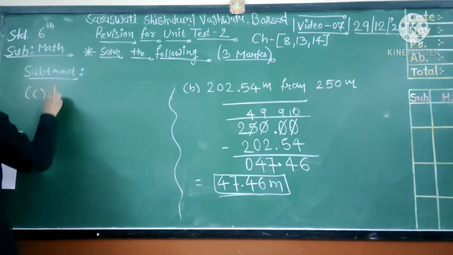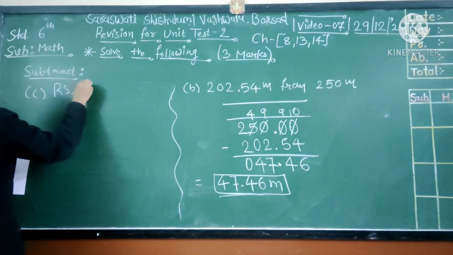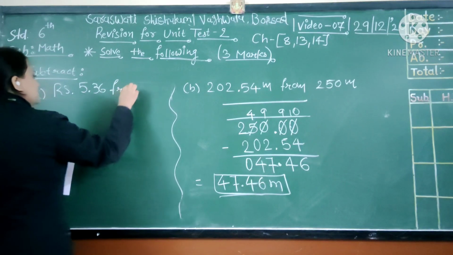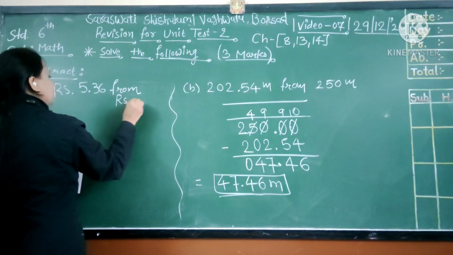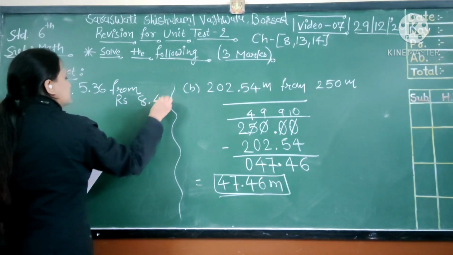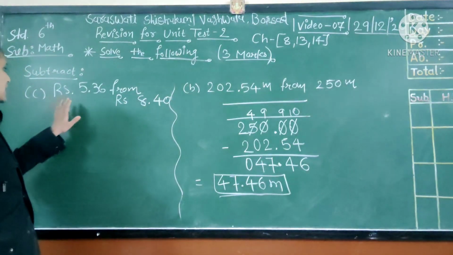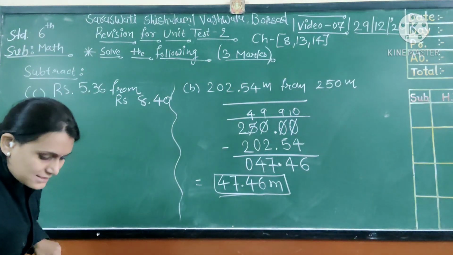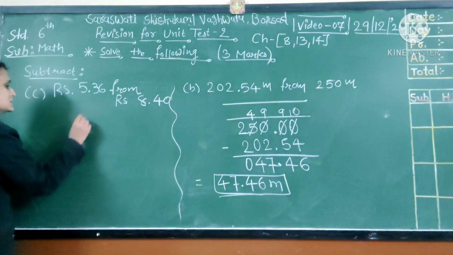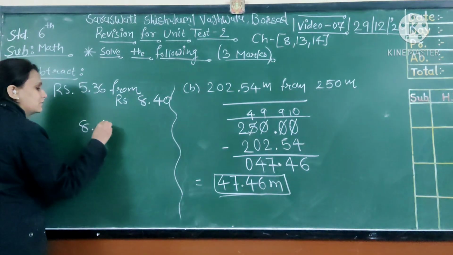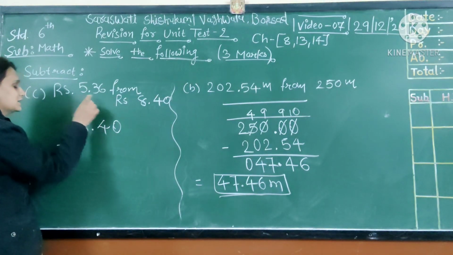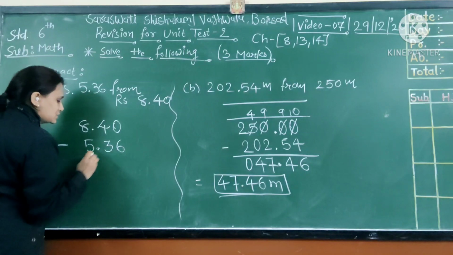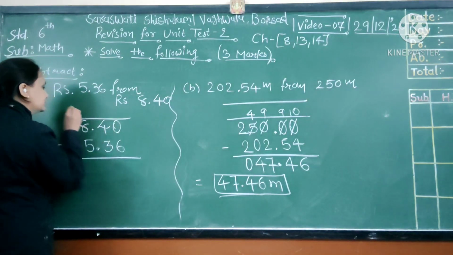Suppose our C number question is rupees 5.36 from rupees 8.40. We have to subtract 5.36 from 8.40. So 8.40 minus 5.36. Let us start subtraction here.